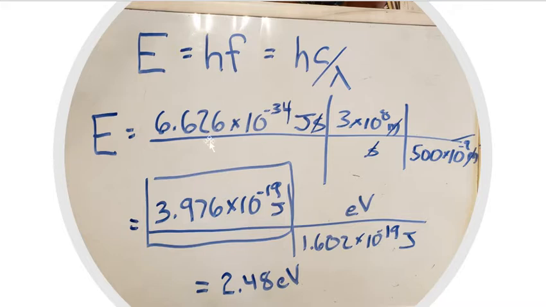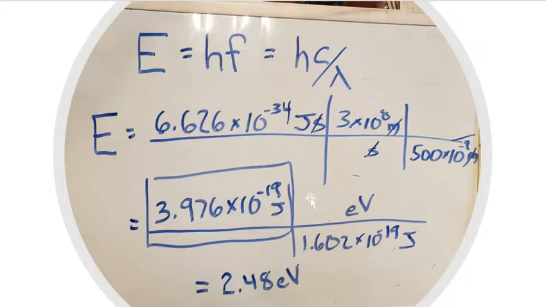So I can plug these in. I know the constant, 6.626 times 10 to the negative 34 joule seconds. I know the speed of light, 3 times 10 to the 8th meters per second. And 500 nanometers is the same as 500 times 10 to the negative 9 meters. When I look at unit analysis, all I'm left with is joules, which is good because I'm looking for the energy of a photon. So 3.976 times 10 to the negative 19 joules.